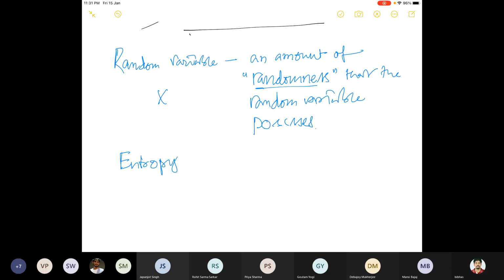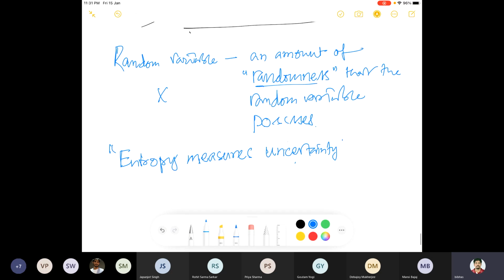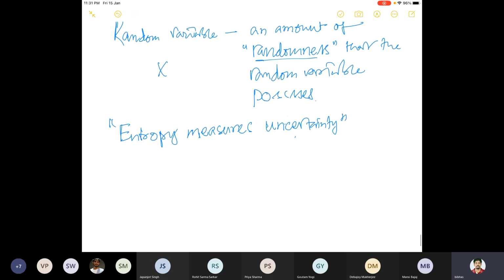So you can say that entropy measures uncertainty. I did not say this is correct, but it is safe to say.